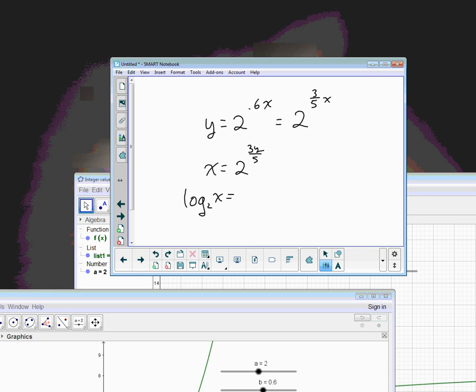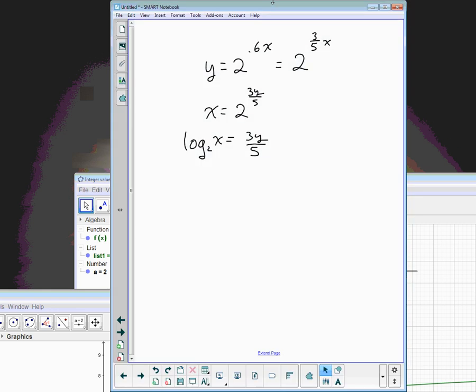And we get, all right. And now we can also write this as log base 2 of x divided by 0.6.